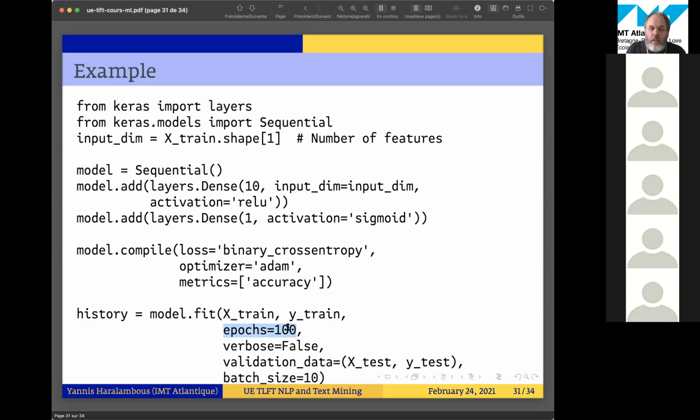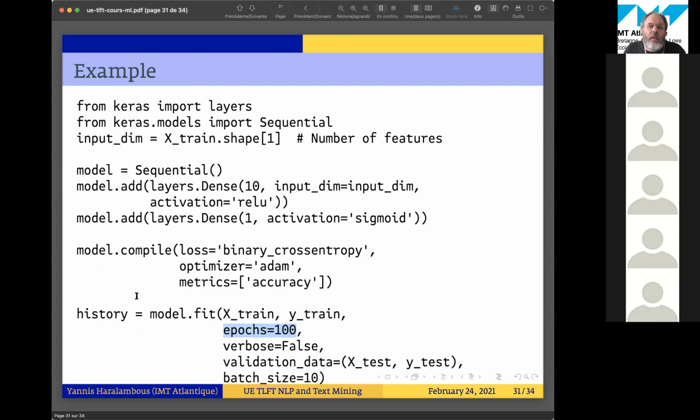So forwards, applying our parameters to get a result, then comparing the result with the true values and using this in back propagation to change values of parameters. And then again, forwards and backwards.